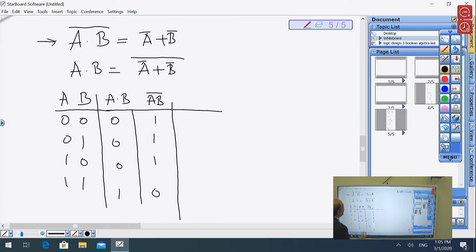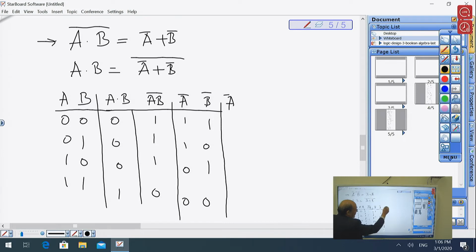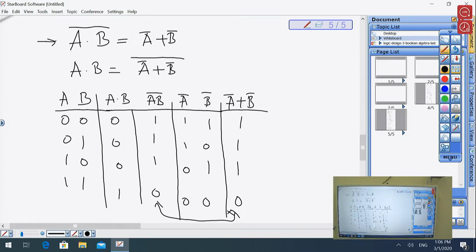This is the left side. Now, not A: 1, 1, 0, 0. Not B: 1, 0, 1, 0. If we OR these together, not A or not B, then we have 1, 1 or 0 is 1, 0 or 1 is 1, 0 or 0 is 0. So do you see? This is the same as here. They are the same.